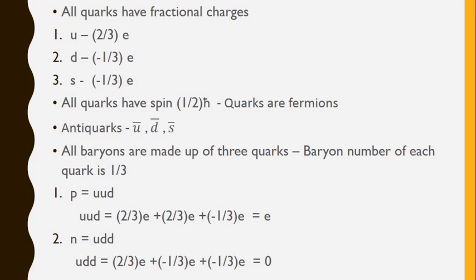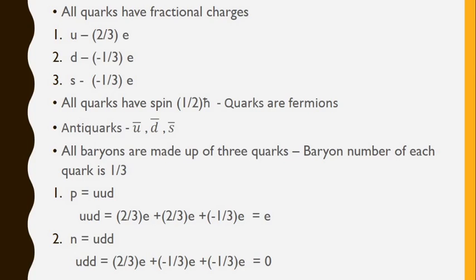A neutron is made up of 1 U quark and 2 D quarks, UDD. So adding the charges, 2/3e plus (-1/3e) plus (-1/3e) will give you 0.